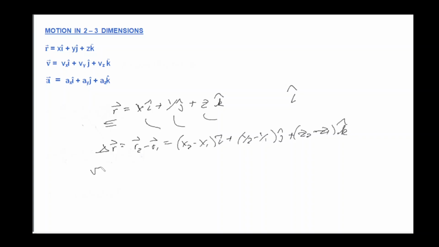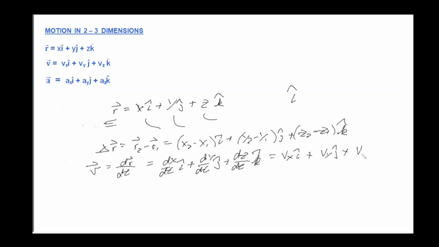The velocity vector, which is the derivative of r with respect to t, would be given as dx/dt i plus dy/dt j plus dz/dt k, or shown as vx i plus vy j plus vz k.